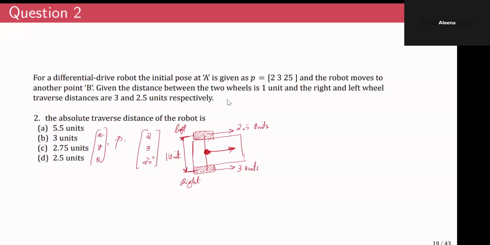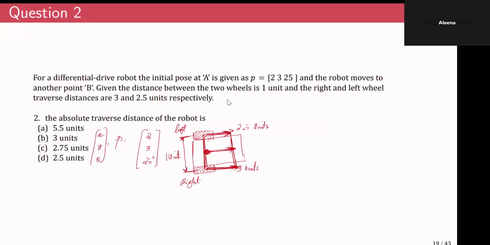If you want to know the movement of this central point, it is nothing but the height of this trapezoid, or trapezium, comprising these two displacements, 2.5 and 3. The height is the average of the two parallel sides of the trapezium.